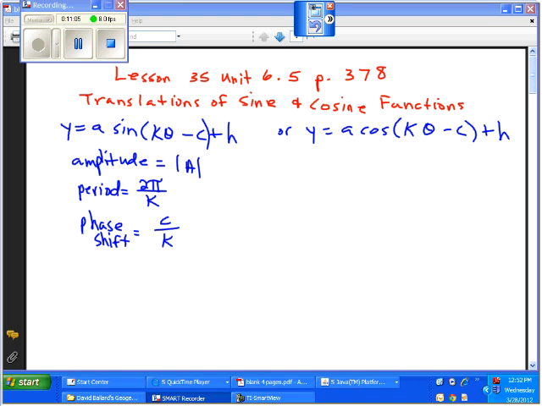What happens to x, my phase shift, is what's inside in the reverse order of operations. So we would add c and divide by k. You'd have c over k. The vertical shift is h.